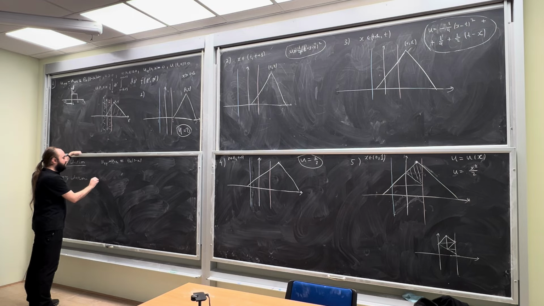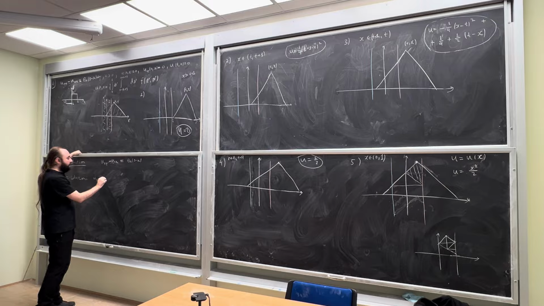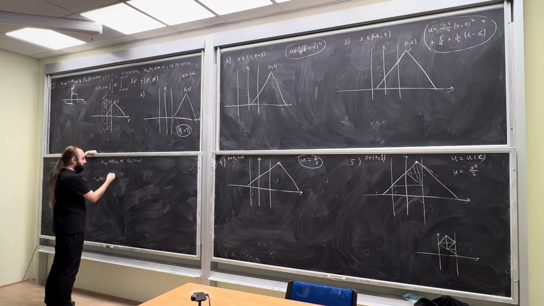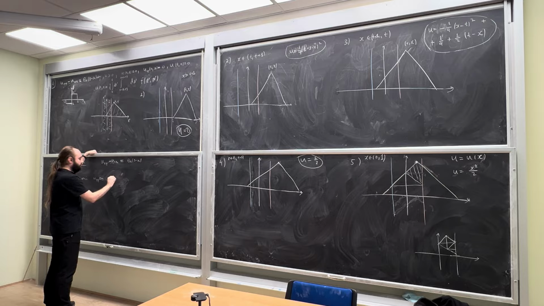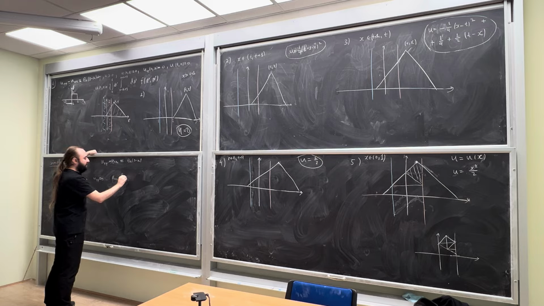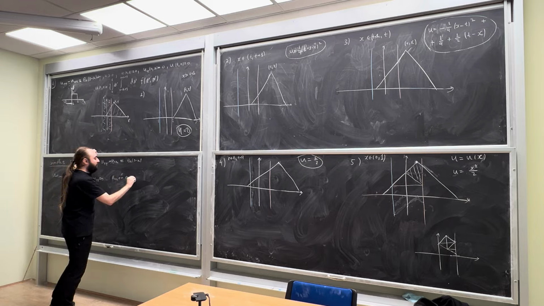In this case, u_t equals 0. And we have simply u of x equals minus theta of 1 minus x.